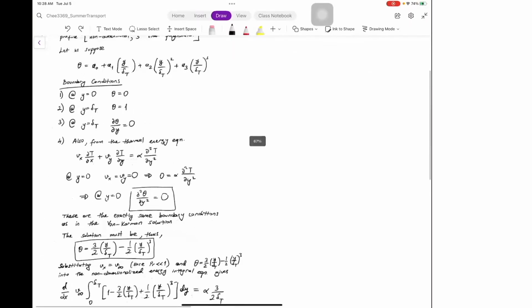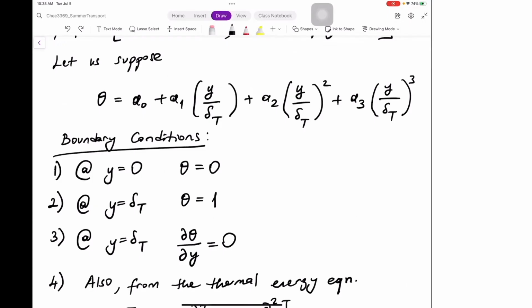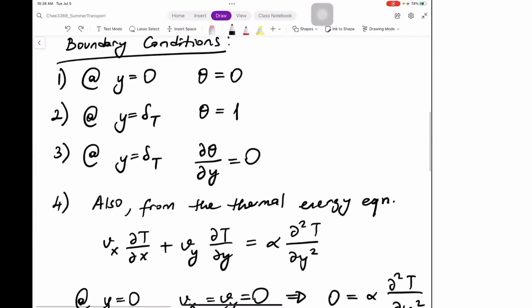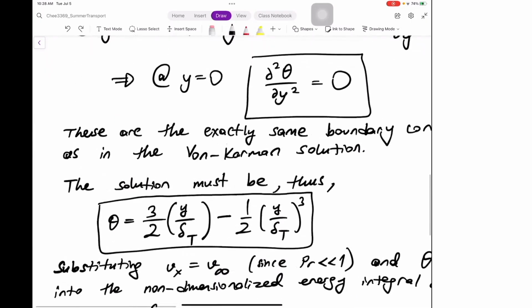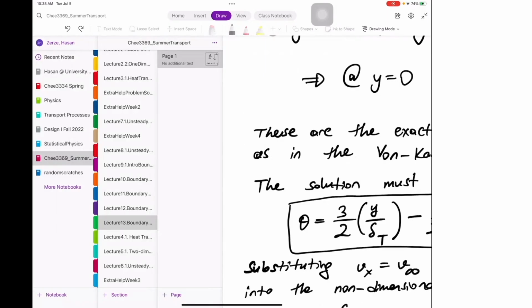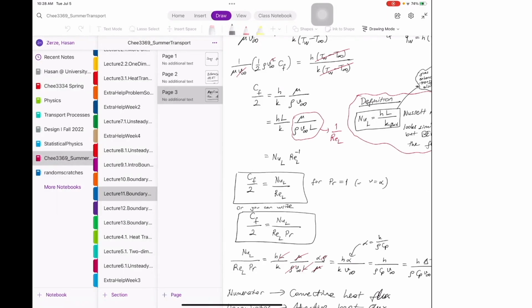So we solved this equation before, but it was for V, the dimensionless velocity versus y. But we had exactly the same boundary conditions, so we argued that we should get exactly the same solution. If you go back to, I guess, lecture 11?